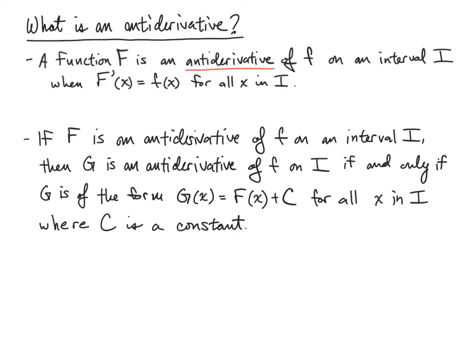What is an antiderivative? Well, a function, capital F, is an antiderivative of little f on an interval I when capital F prime of x equals little f of x for all x in that interval I. So basically we're going to be given some function and we're trying to figure out what function we could take the derivative of to get this function.